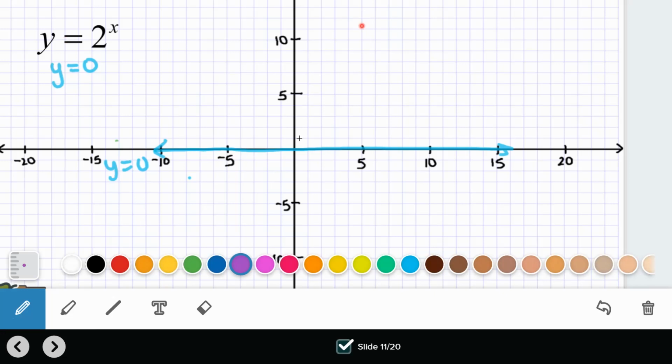So I'm really having something that's growing by 2, doubling each time. So I'm going to start here at 0, and 2 to the 0 is 1. So that's my y-intercept. That's always my starting value, no matter where this is being moved.